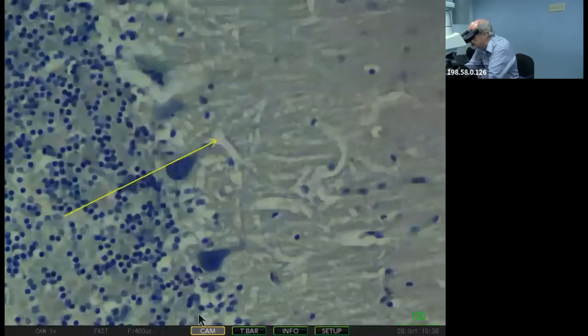Here, a little bit better, you see the dendrite with two branches. One here, and one which is shorter, which is here.